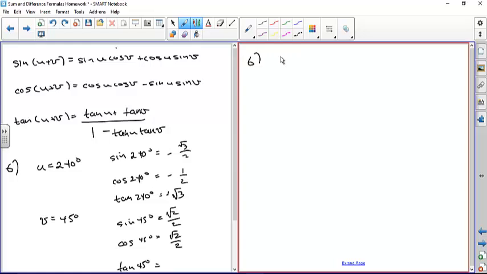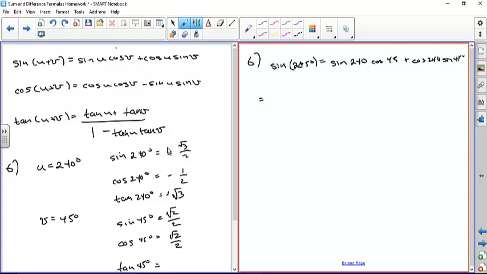So again, this is number 6. So the sine of, what was it, 285, is the sine of u, sine of 240, cosine 45, plus cosine 240 times the sine of 45 degrees.